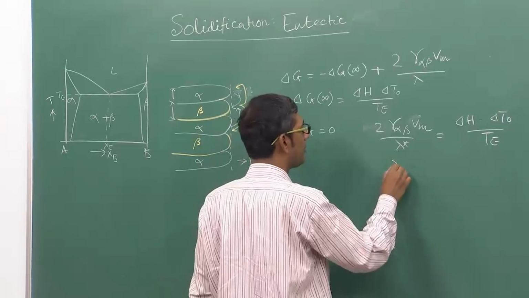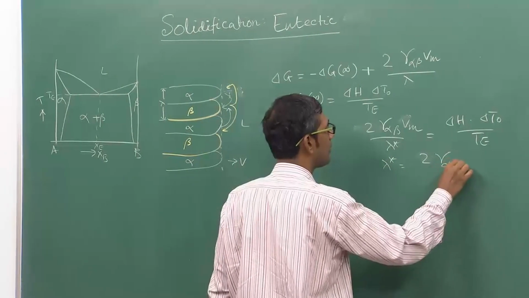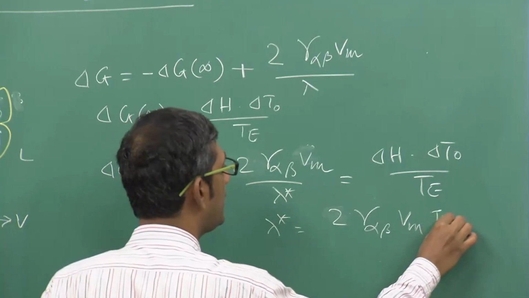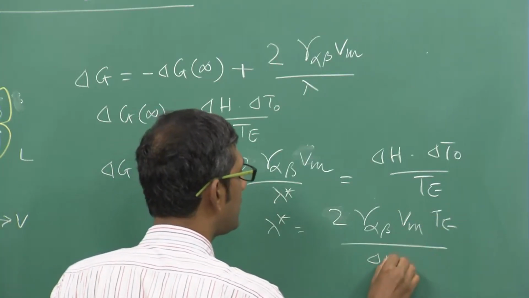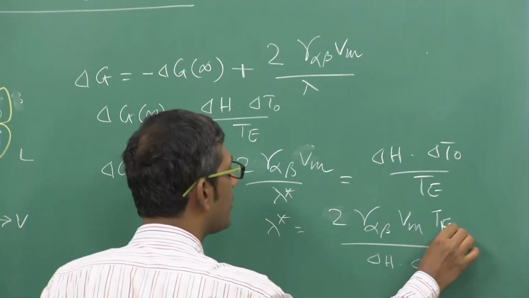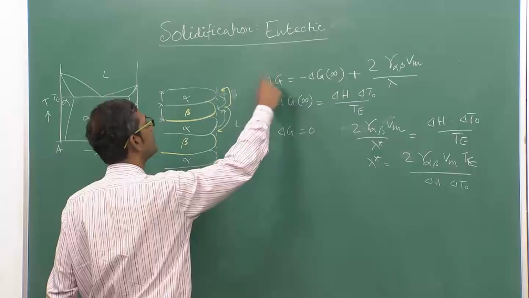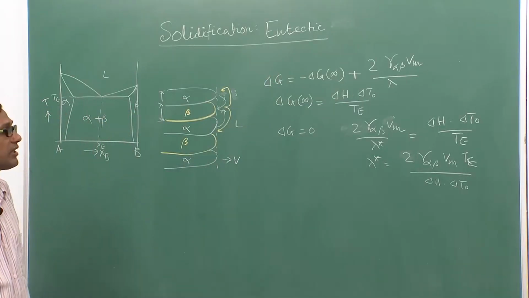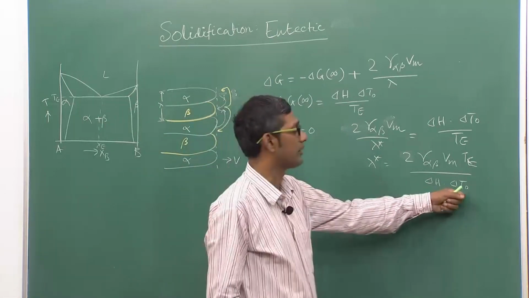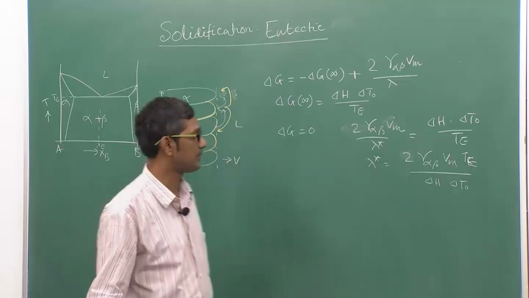Therefore lambda star is equal to twice gamma alpha beta Vm Te over delta H delta T0. As you see, lambda star, which is the critical value of lambda for which this delta G becomes 0, is inversely proportional to the undercooling, and directly proportional to the interfacial energy.